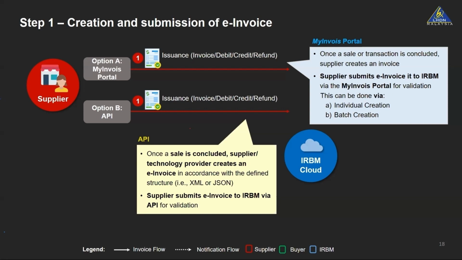For option A, the supplier can use the My Invoice portal through two methods, either creating e-invoices individually or in batches for the LHDN validation process. For option B, the supplier or technology provider creates an invoice in the specified format, XML or JSON, and submits it to LHDN via API.